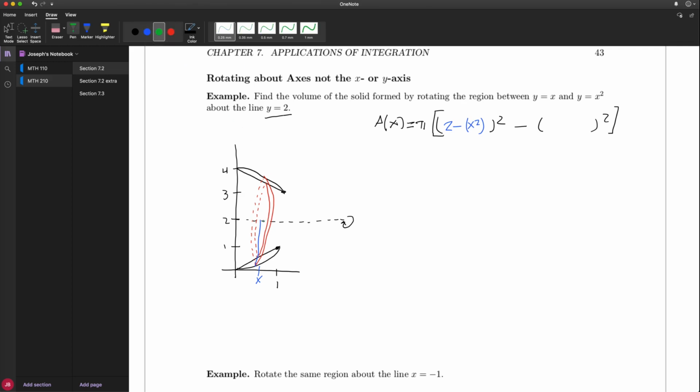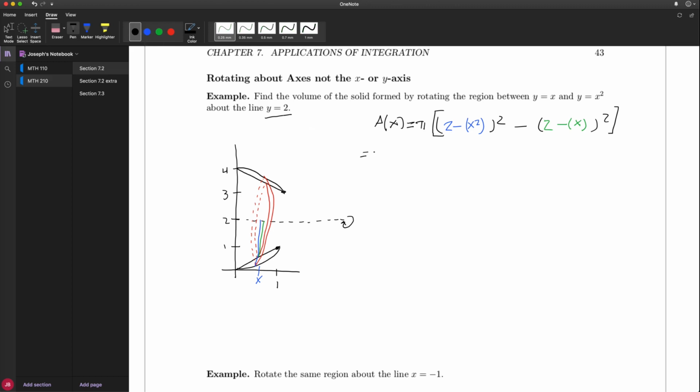Now, using green, let's find what our inner radius is. It's going to involve the function y equals x, but instead of subtracting x squared, we're just subtracting x. So it'll be 2 minus x. Okay, and we're going to simplify.